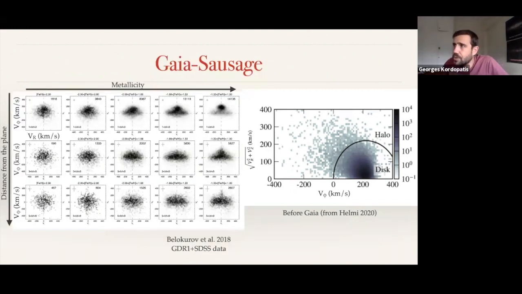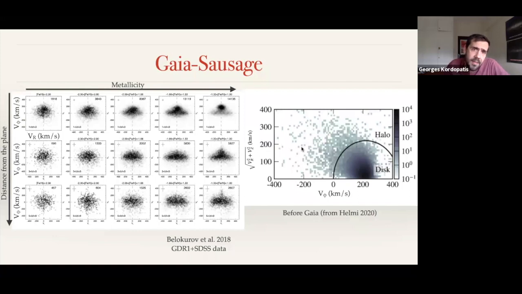Very soon after the first data release of Gaia, which provided parallaxes and proper motions for the brightest subsample, the group of Vasily Belokurov and collaborators combined the GDR1 data with SDSS data in order to improve the astrometry and go to fainter stars, therefore increasing the volume that was surveyed, for which we had precise astrometry.